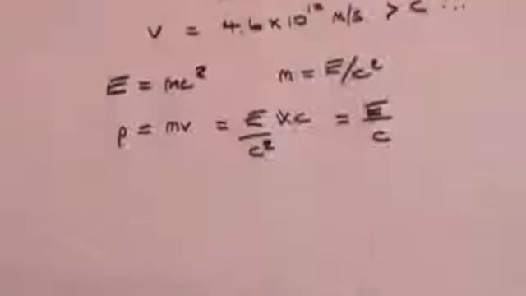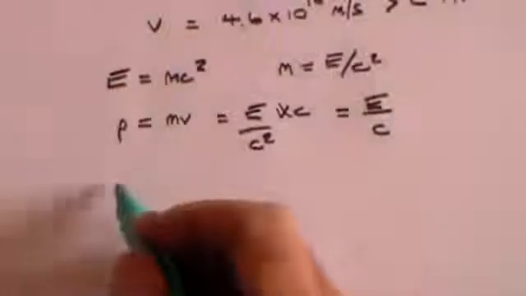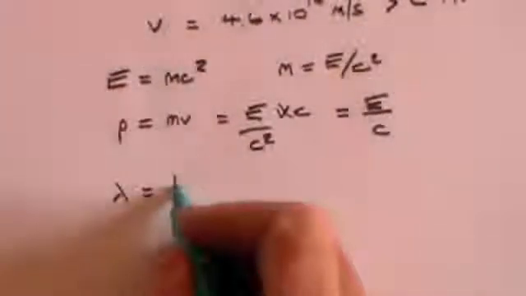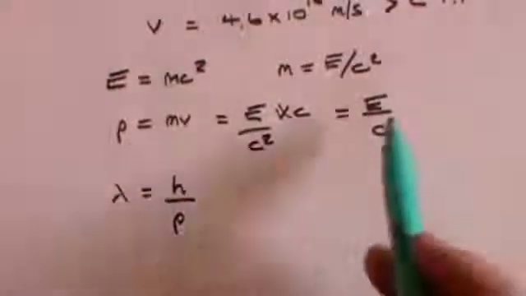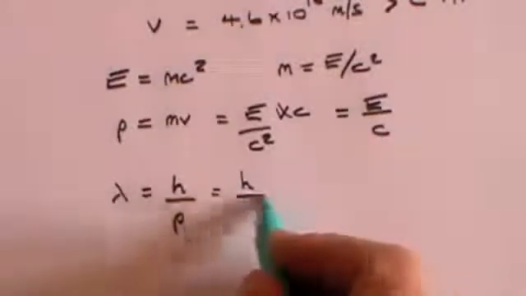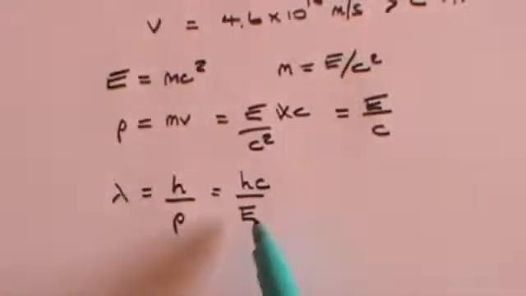Now we have to go to the de Broglie formula, which I've covered in a previous video, which says that the wavelength of an electron is equal to Planck's constant divided by its momentum. Well, we just said that the momentum is E over c, so that means that the wavelength will be h divided by E over c, where E is rather the kinetic energy.